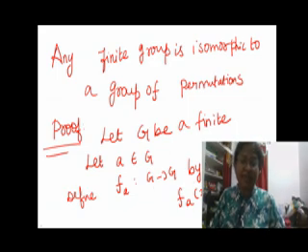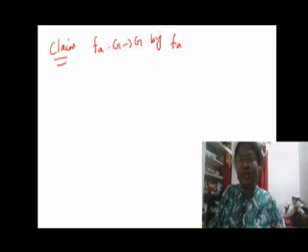Whenever we define a new function, we have to make sure the function that we define is well-defined. So let me prove that the function is well-defined. First I'm going to claim that the f_a that I have defined from G to G, by f_a(x) = ax for every x in G, is well-defined.